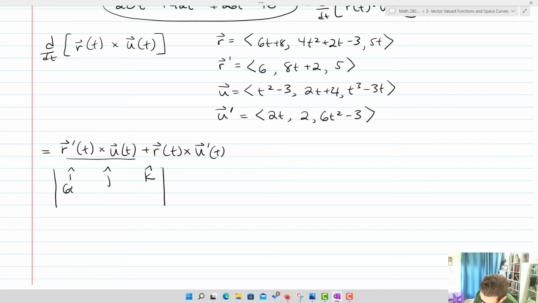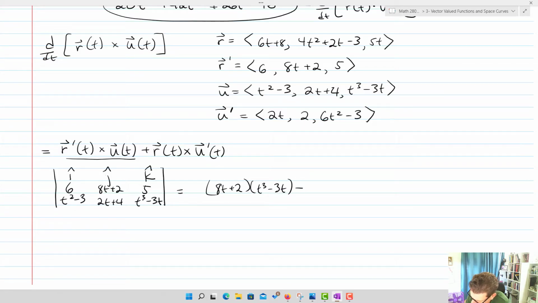This gives me, not 6t plus 8, but <6, 8t plus 2, 5>. The cross product is going to end up giving me, I've got (8t plus 2) times (t cubed minus 3t) minus (2t plus 4) times 5.